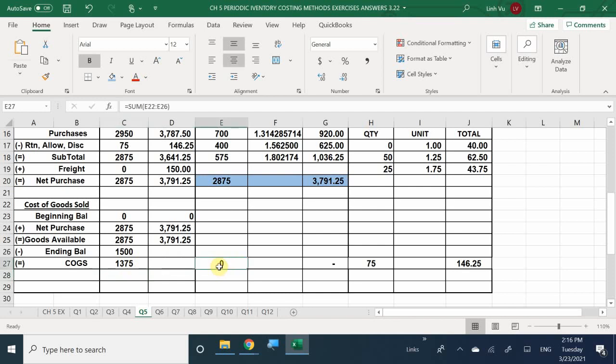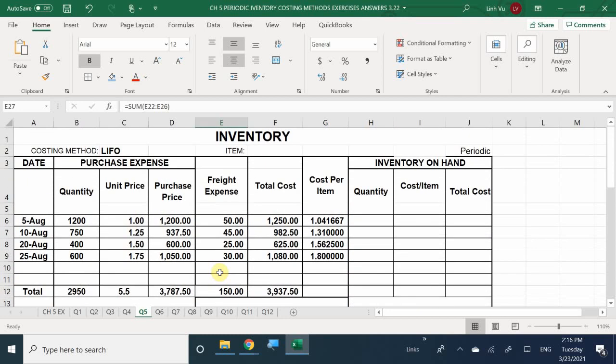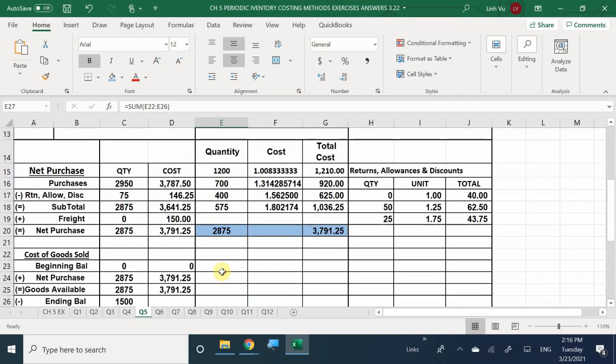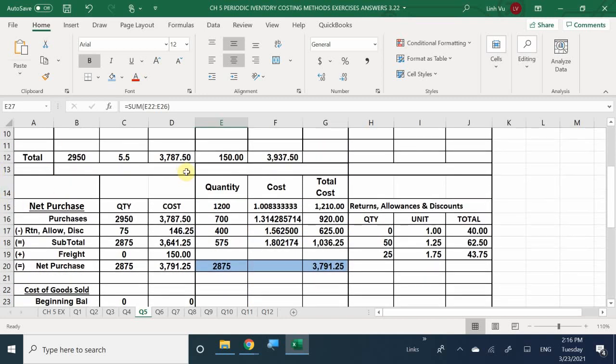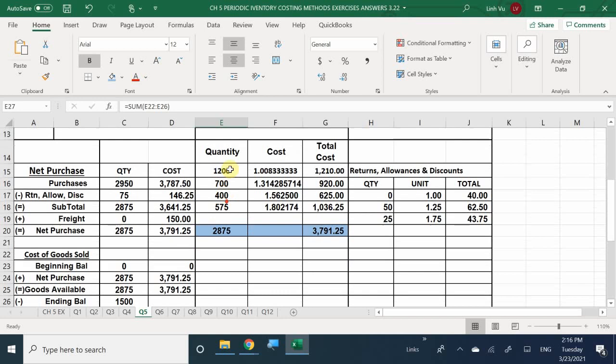Okay? So once again, what costing method are we working on? LIFO. We are doing LIFO, which means last in, first out. So instead of looking at the top now, we can pretty much look in our inventory worksheet space, right?